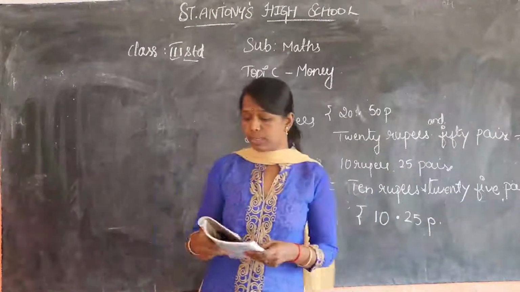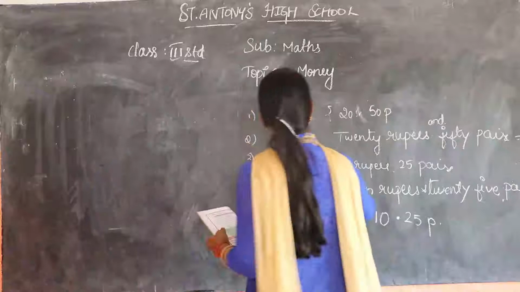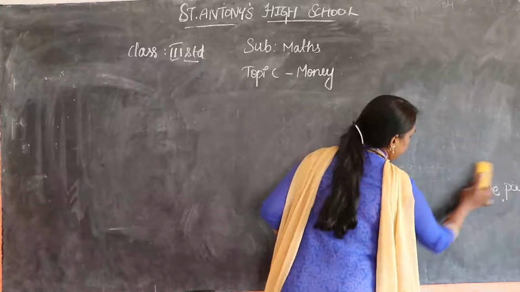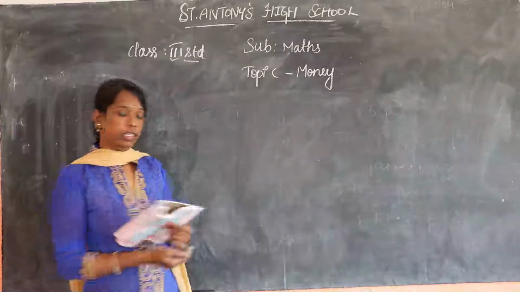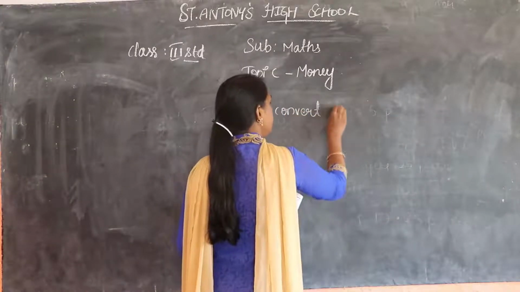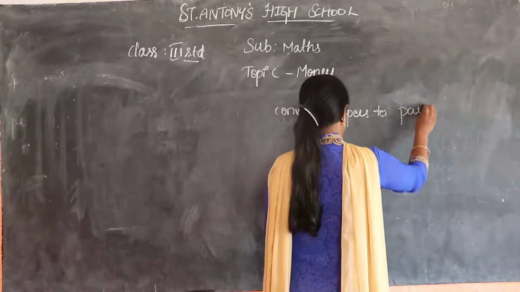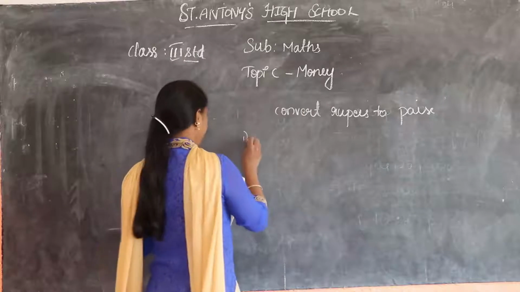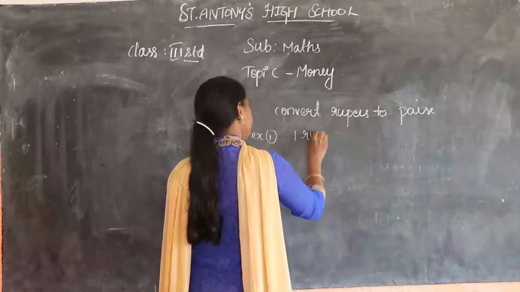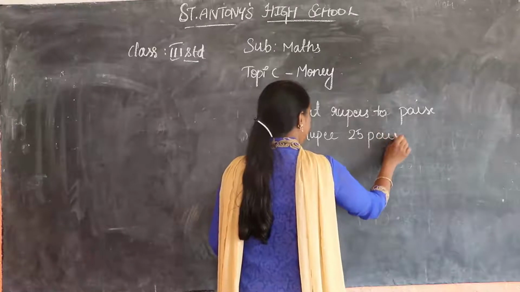So children, let us discuss how to convert rupees to paise. I will give you some examples of conversion of rupees into paise. Okay. First one, convert rupees to paise. For example, example number 1, 1 rupee 25 paise.